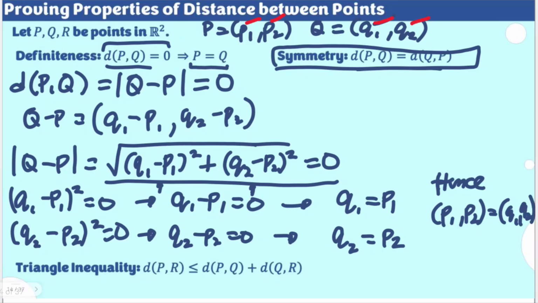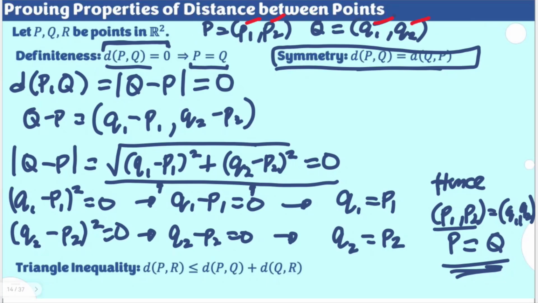And what is P sub 1, P sub 2? That's your point P, and this is your point Q. This further proves that if the distance between 2 points is 0, then the points are the same.